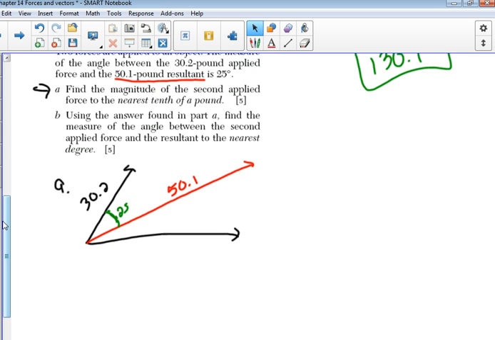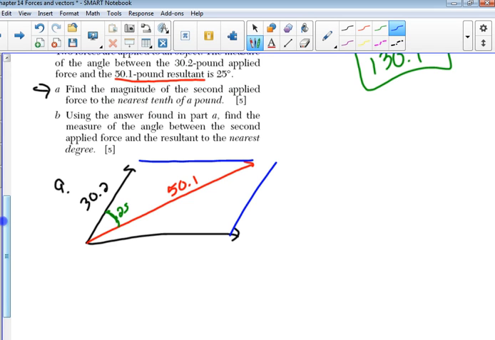So when they ask you to find the magnitude of the second applied force to the nearest tenth of a pound, let's fill in our reciprocity. This side's going to be 30.2. We want to know the magnitude of the second force.